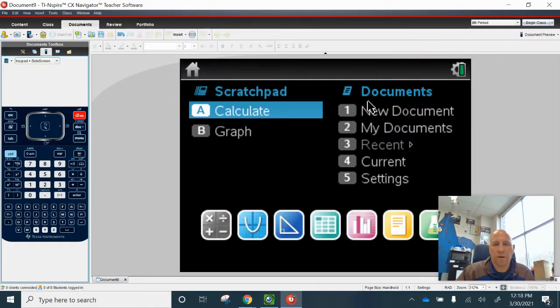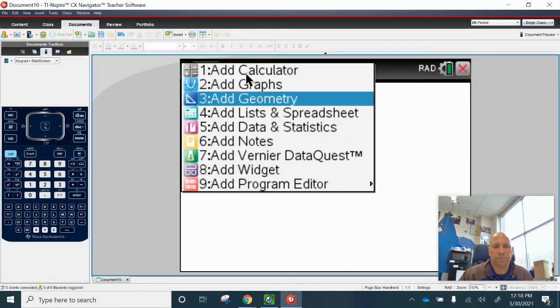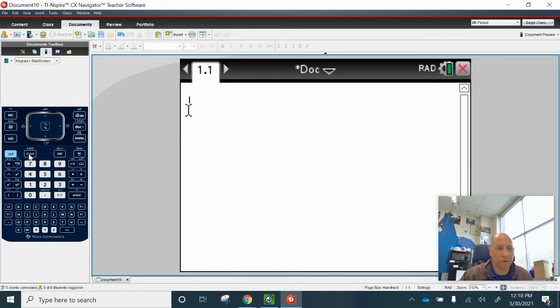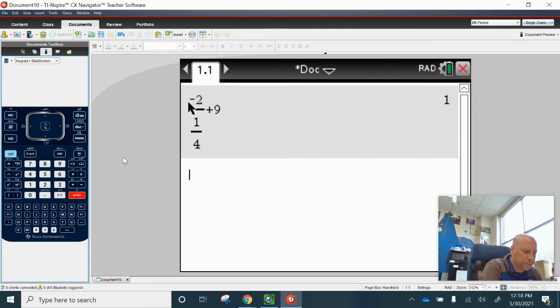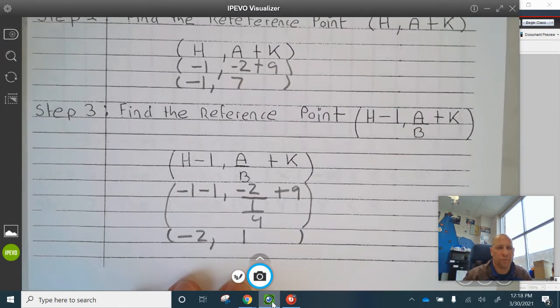So on, new document, add calculator. So control divide negative 2, control divide 1 divided by 4, click to that once, twice, plus 9 is 1. So the point is negative 2, 1.